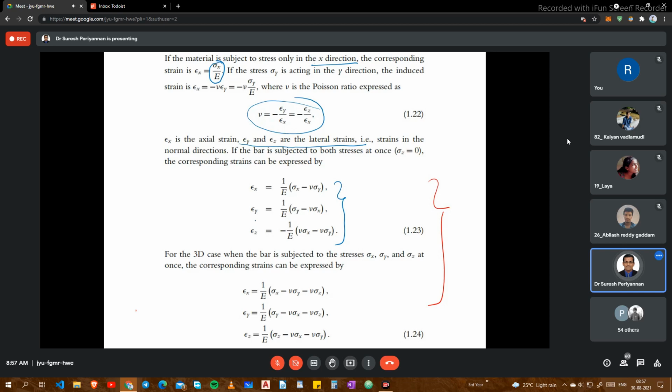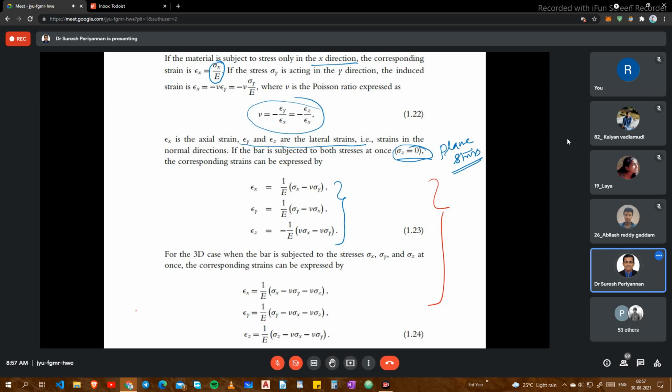Now epsilon y is equal to 1 by E into sigma. Sorry, sigma z is going to be 0. It's nothing but a plane stress case. You can consider the plane stress case, the same equation. Now I write it here.